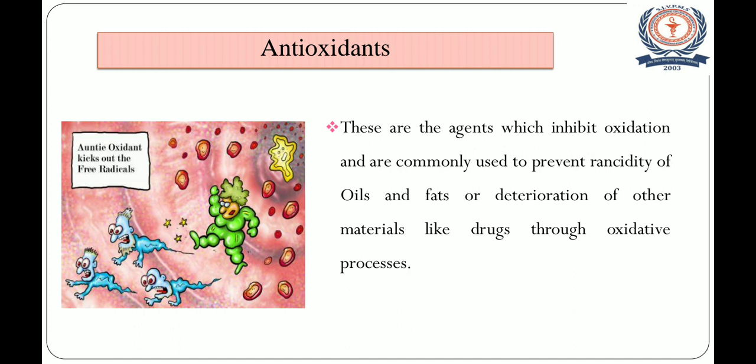So if we are not going to store these oily and fatty substances properly, they may undergo rancidity and deterioration. So as to prevent such conditions, we can use antioxidants. So antioxidants are mainly used to prevent rancidity of oils and fats, as well as to prevent deterioration of some of the drug substances.